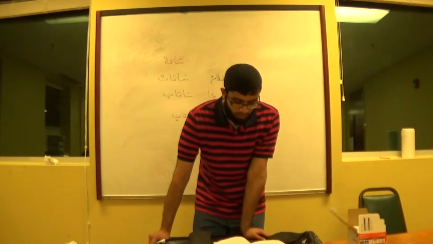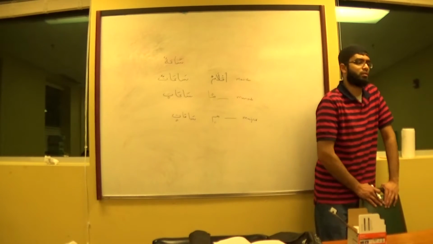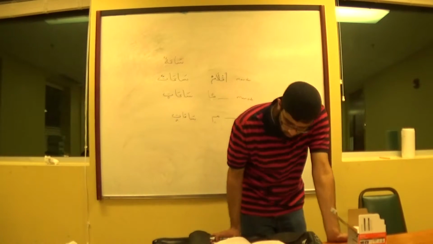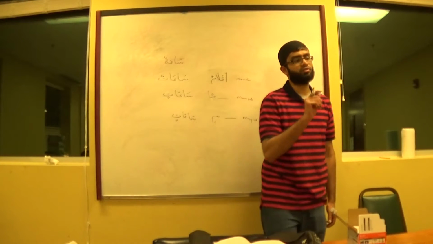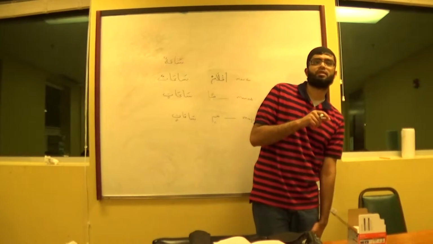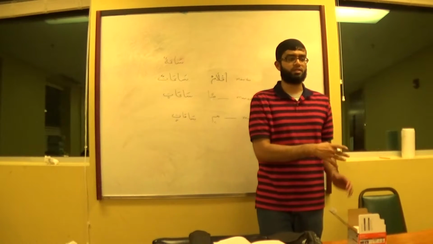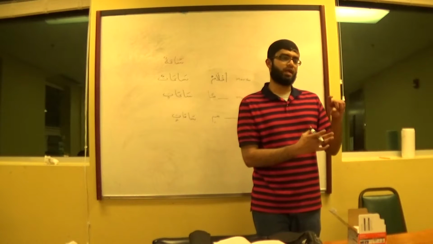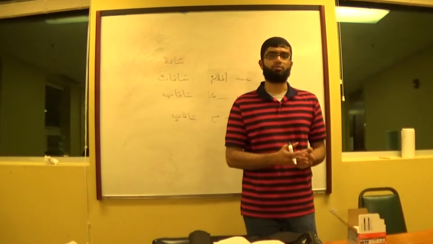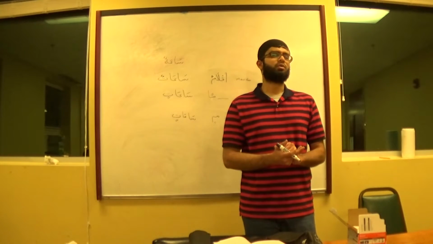Okay? So let's read one example. Brother is akhun, right? Akhun. When it becomes plural it is ikhwatun. So where does that come from? That's a special, that's a broken plural. So remember some of the plurals have a ta marbuta. Even though they're masculine, ikhwatun is brothers, but it has a feminine ending. And that's just one form of the broken plural. Another example is kitabun, no, that's kutubun.